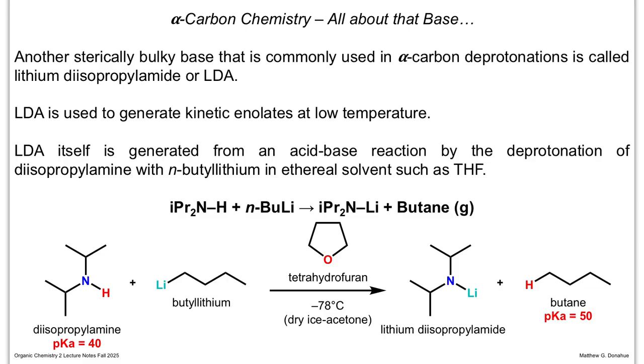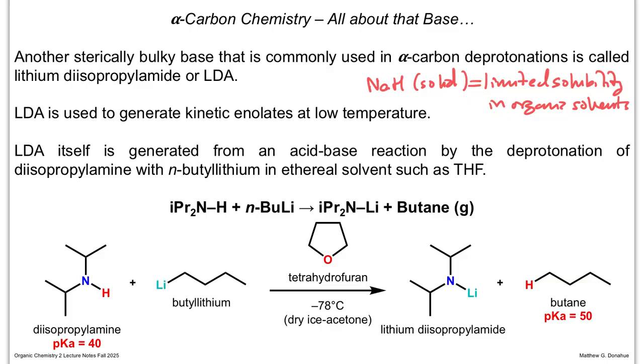The issue with sodium hydride, it is a solid. So it has limited solubility in organic solvents, meaning that the reaction just to generate the enolate is probably going to take a little bit, and you'll have to monitor the time for that conversion.